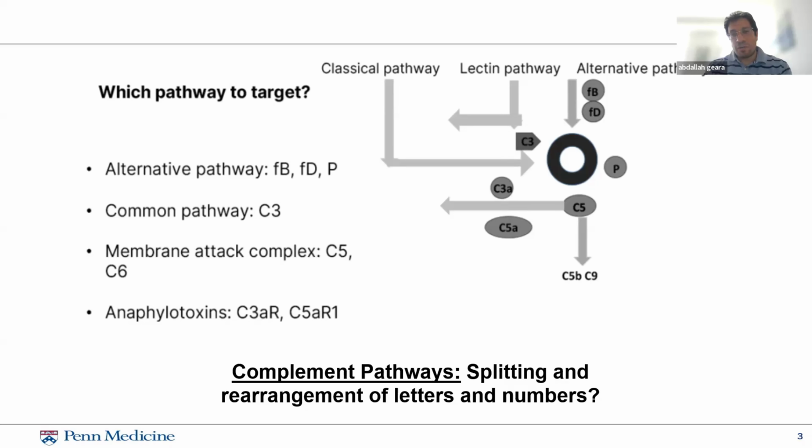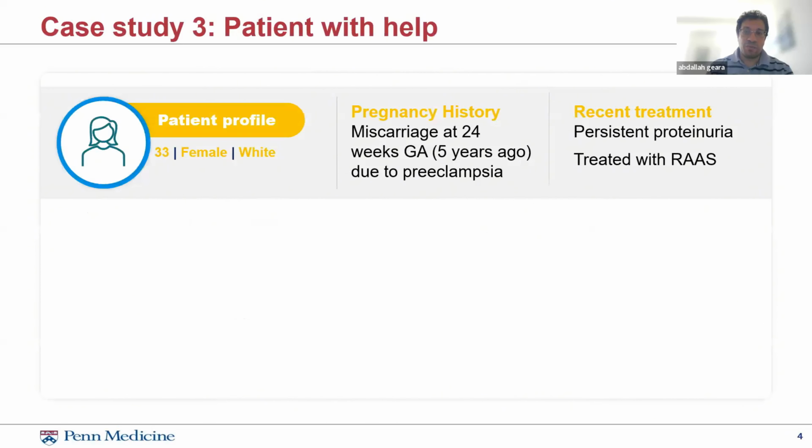So this was our knowledge. This is all we needed to know regarding the complement pathway. It was mainly a splitting and rearrangement of letters and numbers, but the bottom line was that the C5 convertase intersection was important.